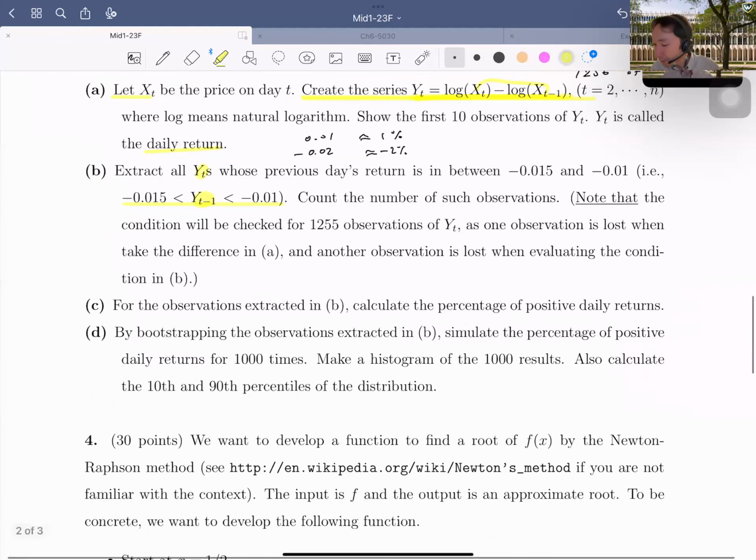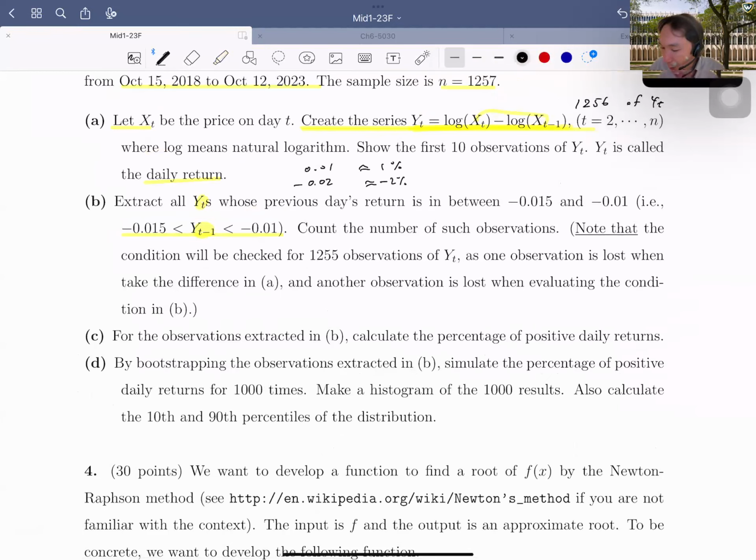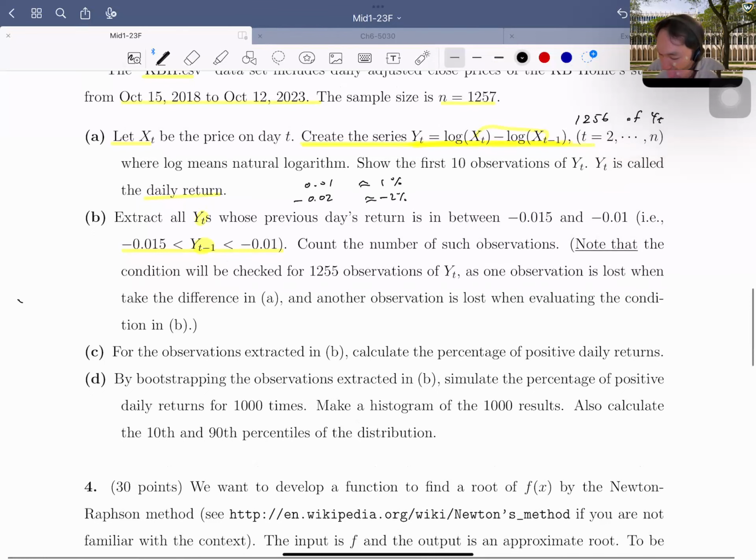Suppose today's return YT is 0.015, and yesterday's return is negative 0.013. Then yesterday's return is in between these two numbers, so we extract this number.